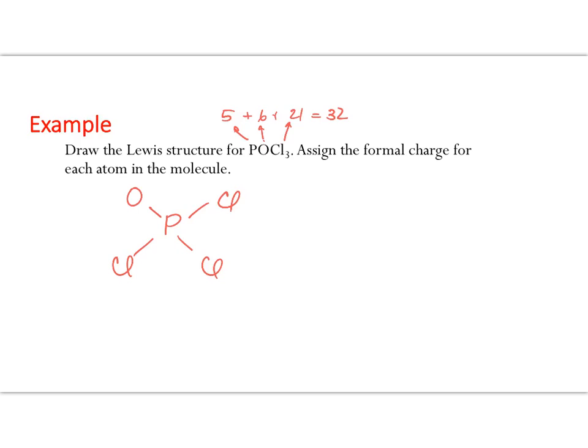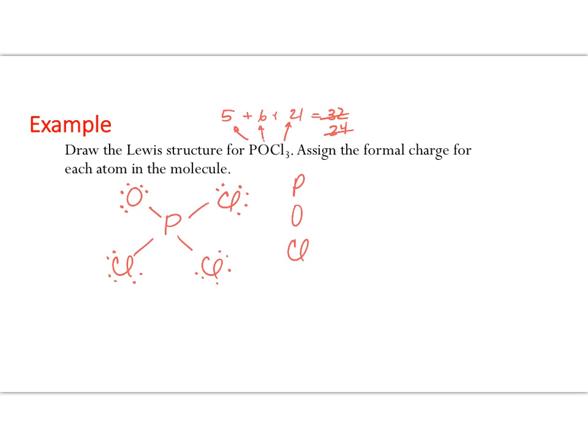So we already took care of 8, so I have 24 electrons left. Oxygen must complete its octet. We can actually just go ahead and fill in octets for all of them, and that takes care of all of the electrons. So now we can do formal charge.